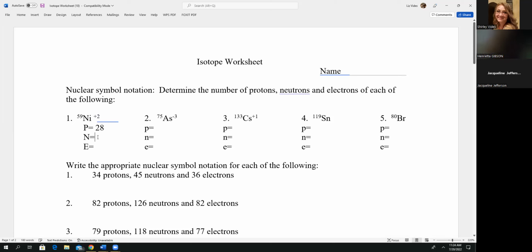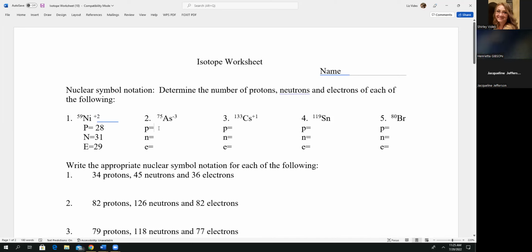So this is going to be 31, right? And then the electrons you calculate by taking the charge. If it's positive, remember you've lost. So if you take 31 minus 2, it gives you 29. There you go. That is correct. Now let's do the next one.